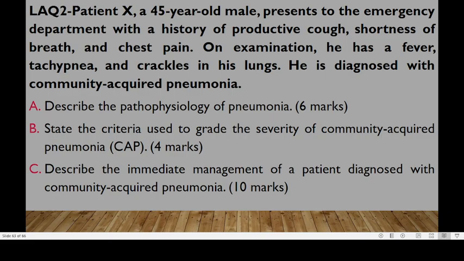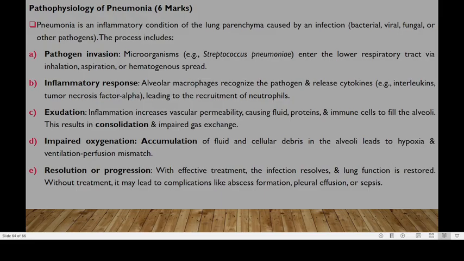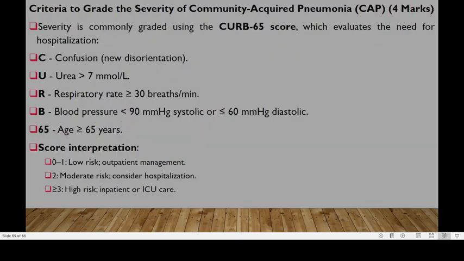Patient B, you are supposed to describe the pathophysiology of pneumonia, criteria used to grade, and immediate management of a patient diagnosed with community-acquired pneumonia. In pathophysiology, we have pathogen invasion, followed by inflammatory response, exudation, impaired oxygenation, and then resolution or progression.